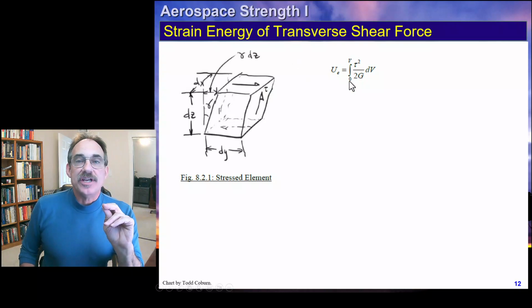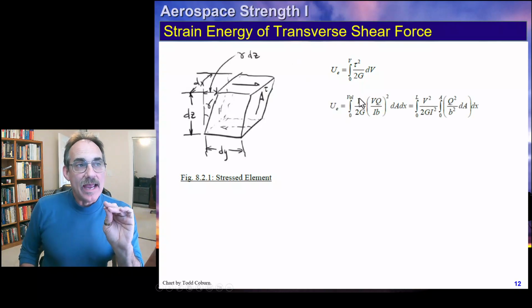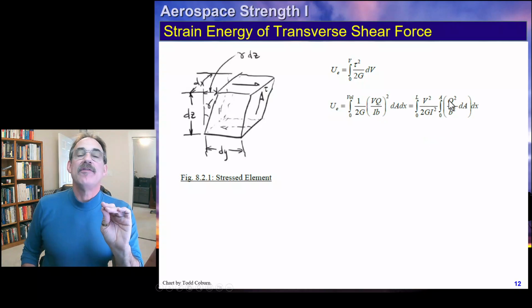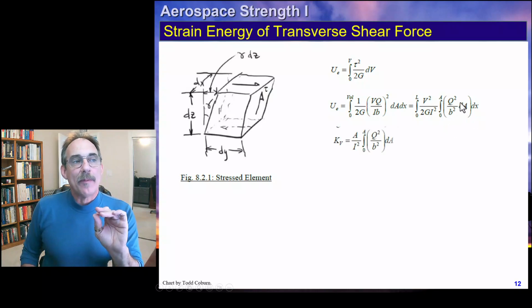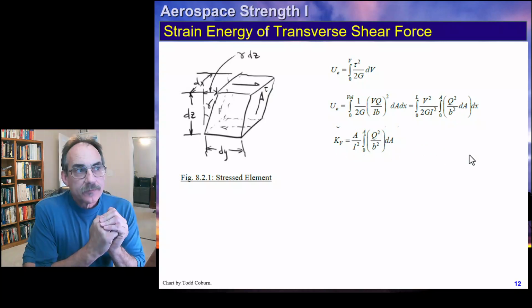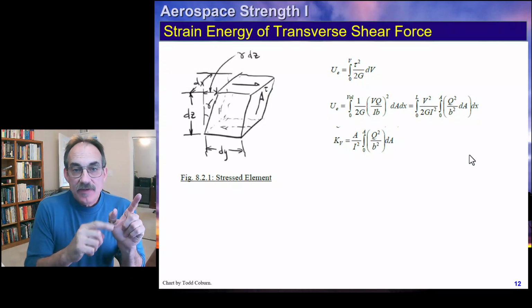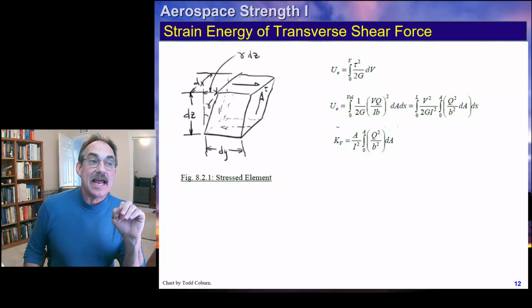So our energy is derived the same way, but we plug in our VQ over Ib instead. We simplify that, and we grab a bunch of these variables and define them as Kv. So with this Kv, we can just look up a tabular value.